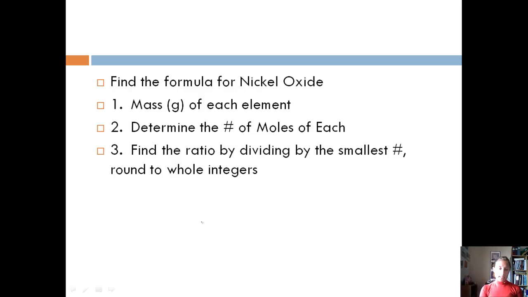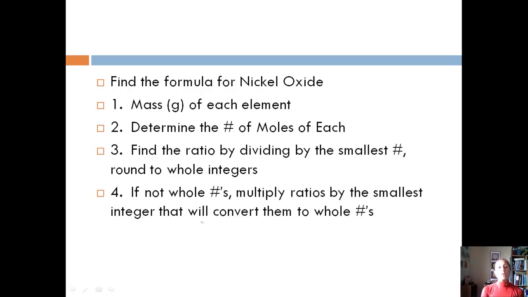Now, in the last example we did, we came out to 1.99 for hydrogen, and that easily rounded to 2. But if you don't get whole numbers, let's say we were doing our previous problem, and we got 1.5 for hydrogen, and 1 for oxygen. Well, 1.5 isn't close enough to round, and you can't have half a mole of an element.